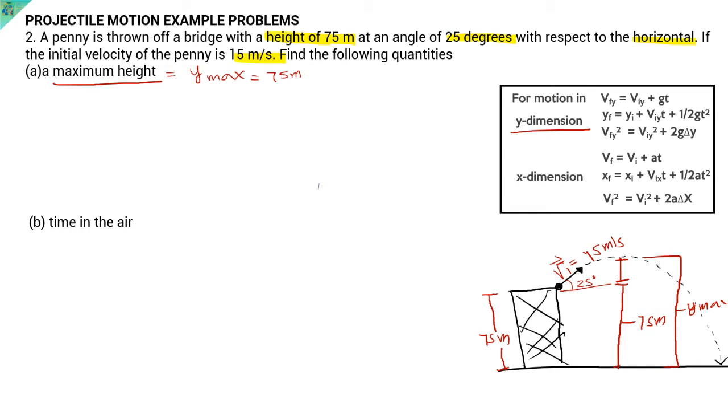Okay, how do we do that? Looking at this one, it's obvious that we are to use the second formula for the YF, or the Y final, which is the y max of course. However, according to our story here, we're not yet given the time.